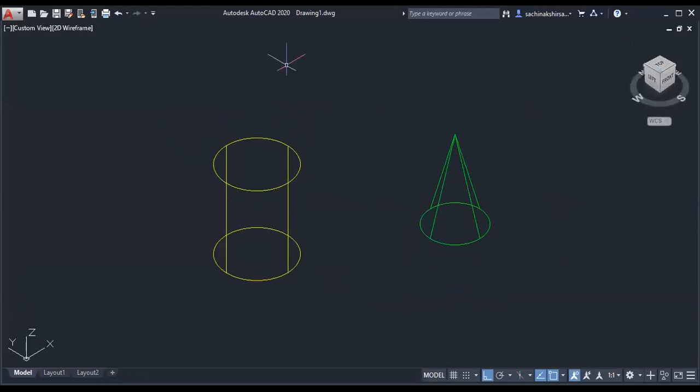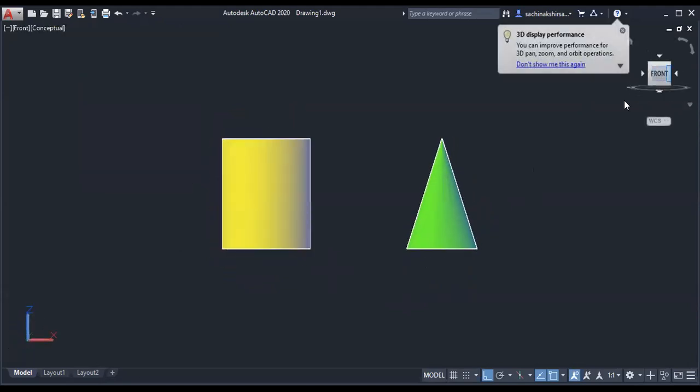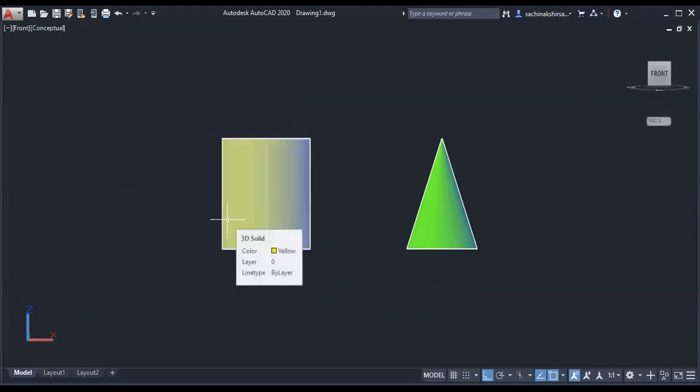If you want to see its front view, it will be something like this. How will the front view of the cylinder be?